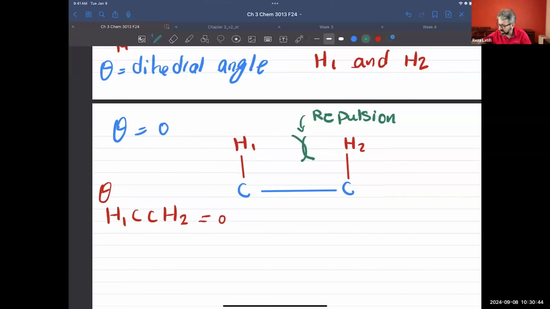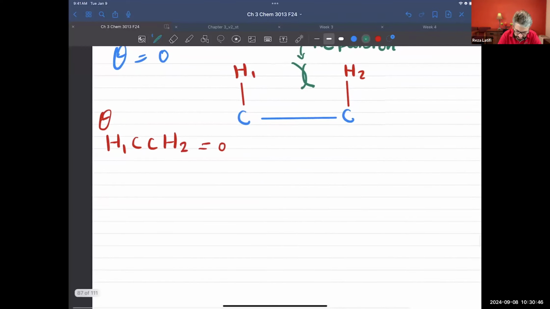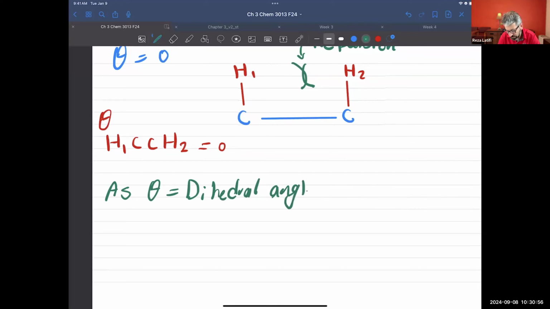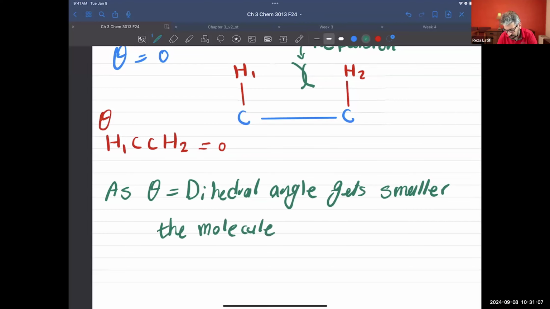So as theta, what's the theta? The dihedral angle. As it gets smaller, the molecule will be less stable.